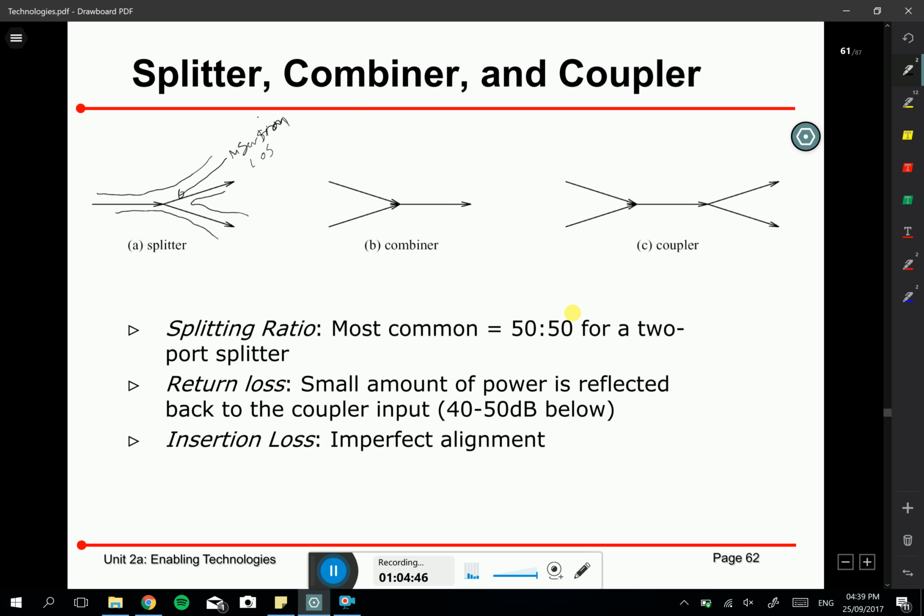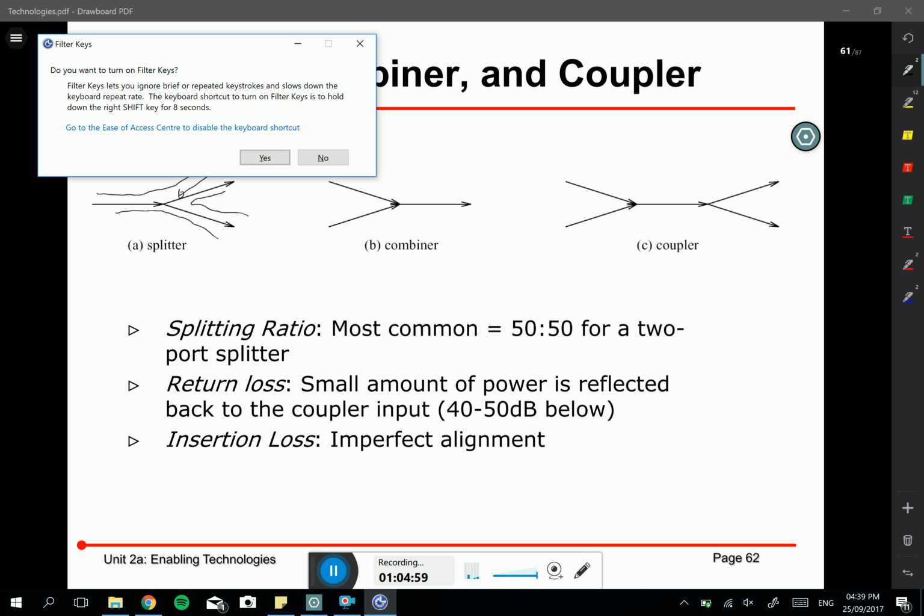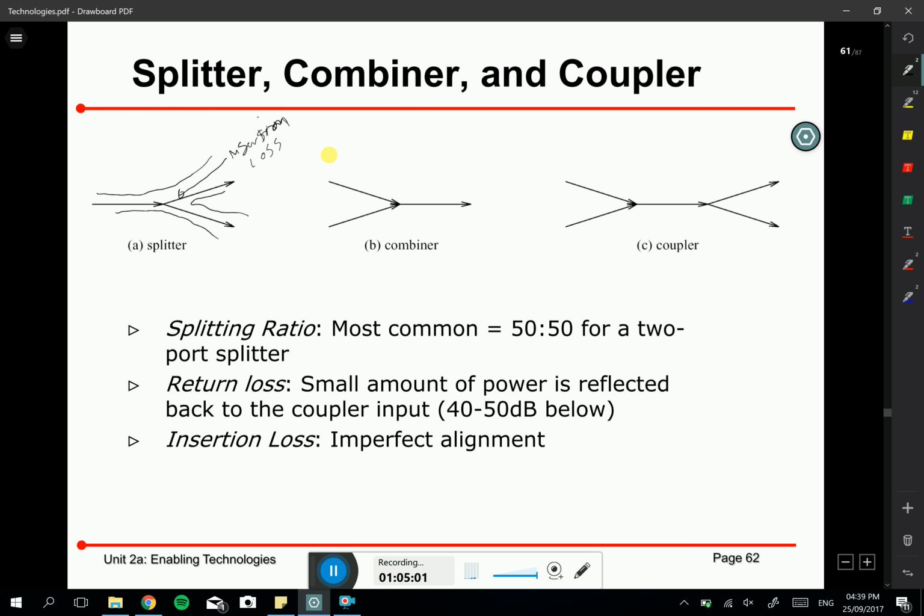If you use the splitter in the other direction, you have a combiner, right? It's the same thing. Now the signal arrives this way and it goes in the same direction. Obviously, what do you have to be careful of here?